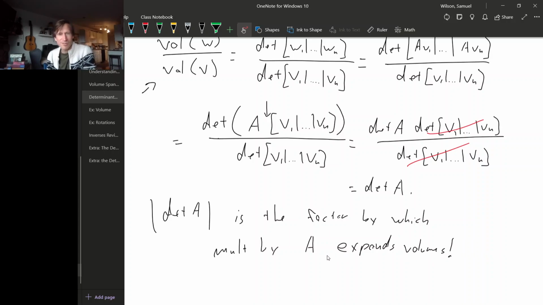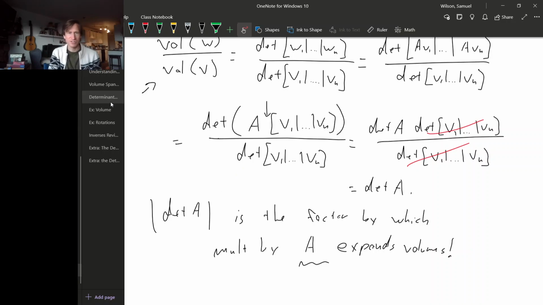So that's even nicer than our last interpretation of the determinant, which was that it tells you the volume of all of these vectors, because this treats A, rather than describing the determinant in terms of the columns of A, it actually describes the determinant in terms of A itself. It's treating A like a linear transformation, and it's describing the determinant in terms of that linear transformation. So the determinant of A is just an expansion factor that tells you how much bigger volumes get when you map things using the linear transformation corresponding to A.